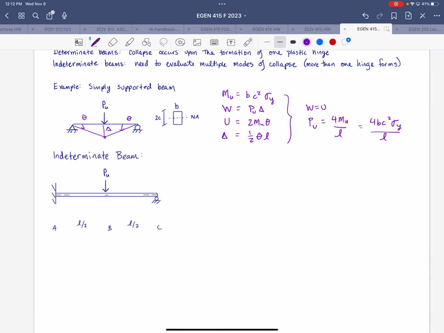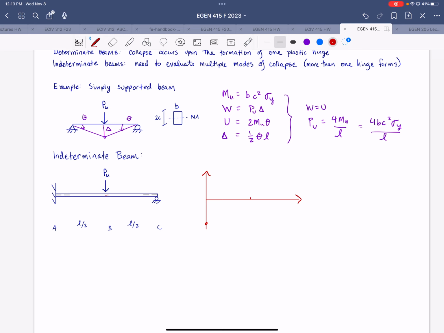If we consider now an indeterminate beam, changing the left support from a pin to a fixed end, still having a point load at the center, mid-span, let's consider the moment diagram. For the elastic condition, the elastic moment diagram, you're going to have a moment reaction at A, and it's going to be a negative moment.